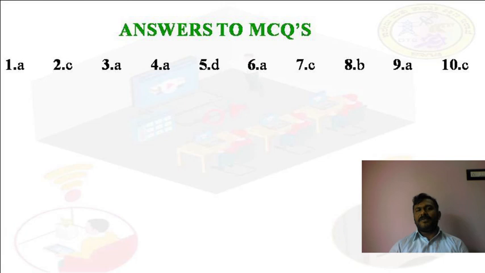For 2 it is C, for 3 it is A, for 4 it is A, for 5 it is D, for 6 it is A, for 7 it is C, for 8 it is B, for 9 it is A, for 10 it is C. So please cross check your answers with my answers, okay, so that you will get an idea of design of bolts. Okay, thank you.